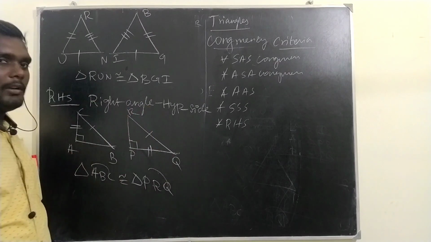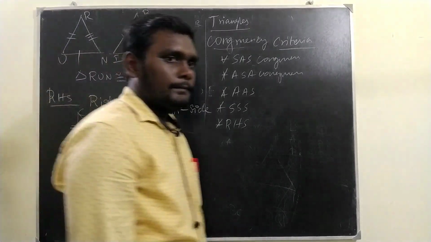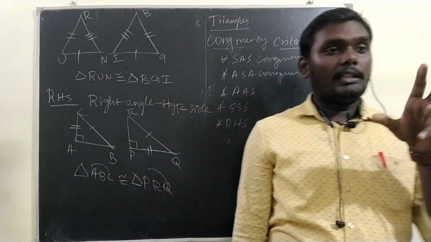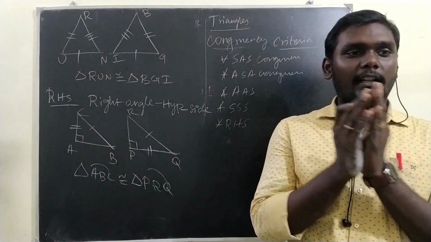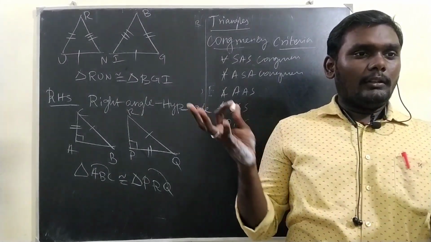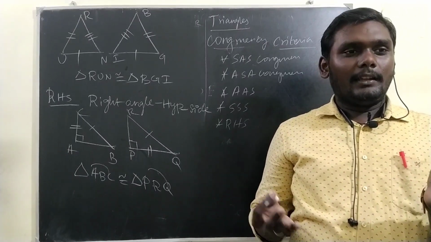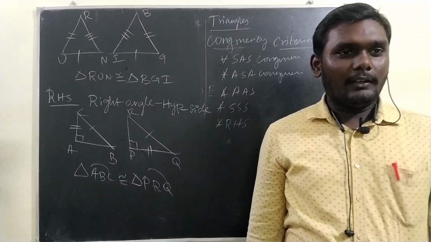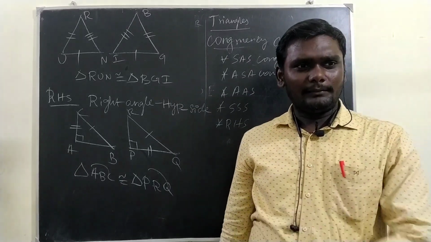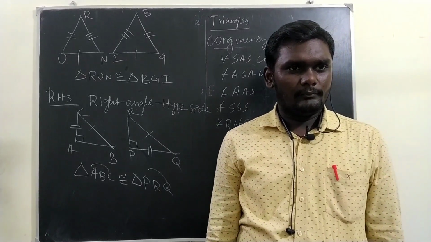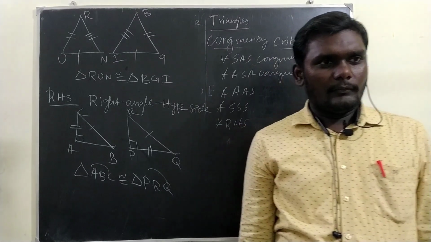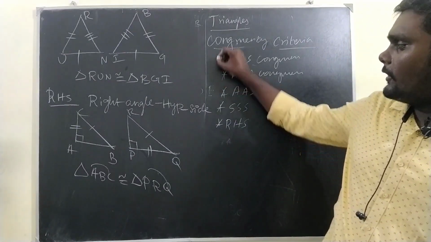So this is everything about congruence. Any confusions? You should not think that only S means side, A means angle. So we'll cluster everything. Three things you have to form: SAS, AAS, SSA. Likewise, all these things are congruency. Only these 5 fixed congruencies are there.